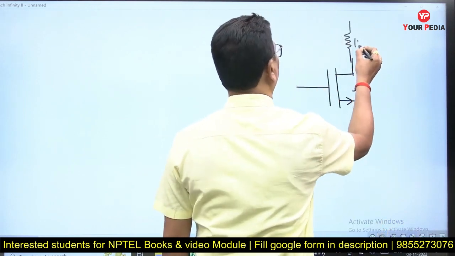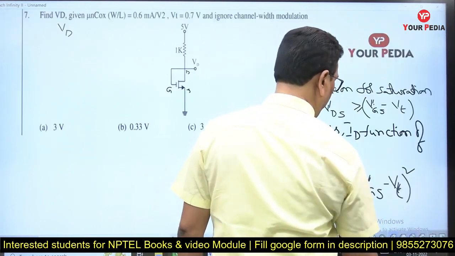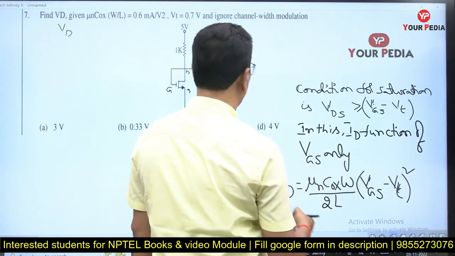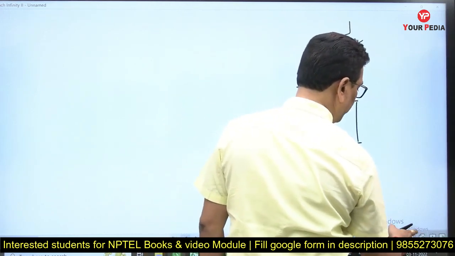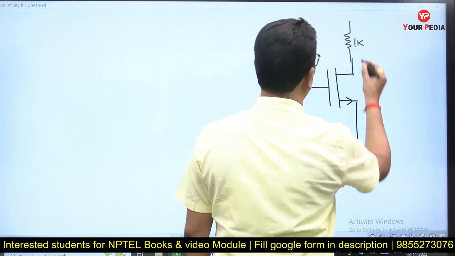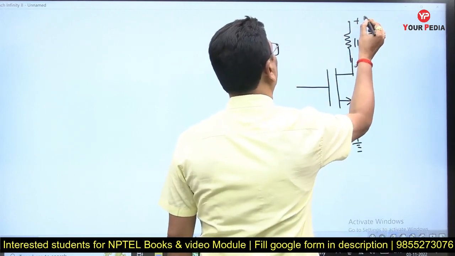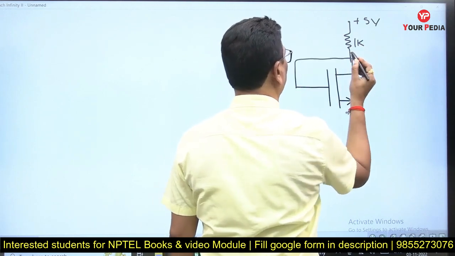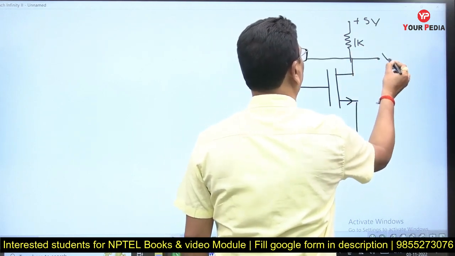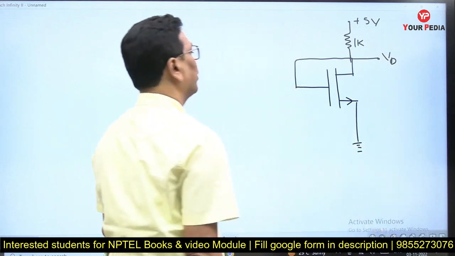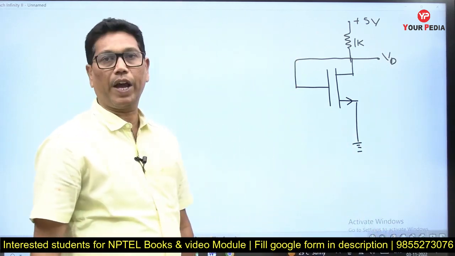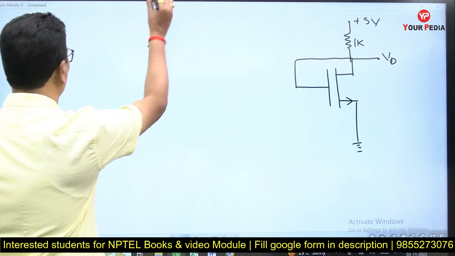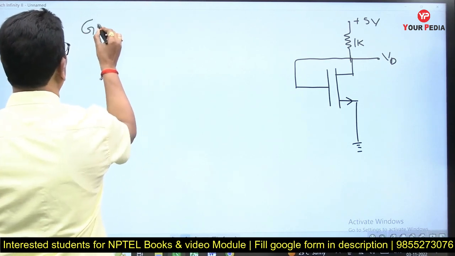And the corresponding supply is 5 volt. These two are shorted. This is the thing called drain voltage Vd. So this is the circuit diagram he has given, and check out the remaining things given there.